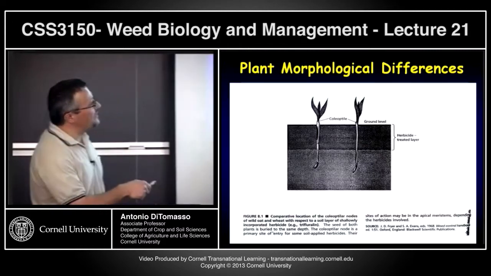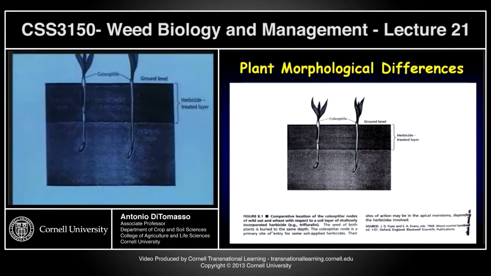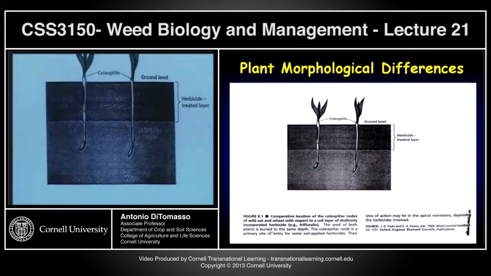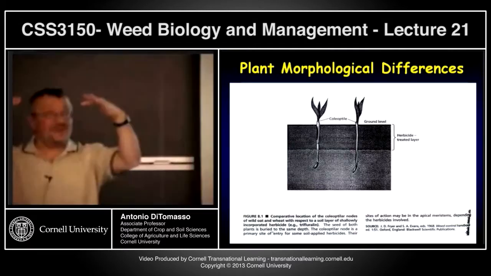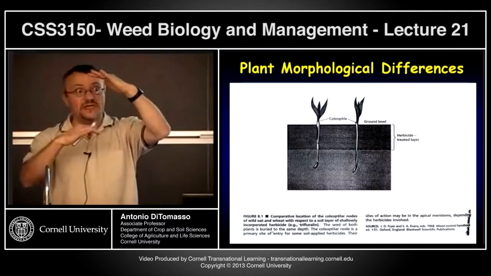Look at where the coleoptile node is, which is the active area where the herbicides would be taken in, okay? It's right down here. For the wild oats, it's right up here. If this is your herbicide layer, let's say you're doing a pre-emergent, and if you need water to activate, the herbicide can actually percolate down 2, 3, 4 inches.